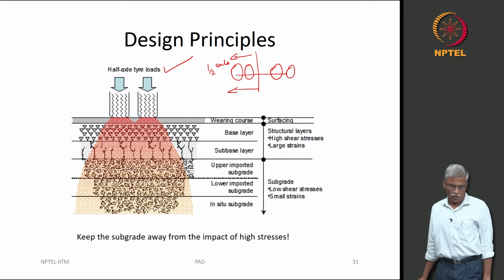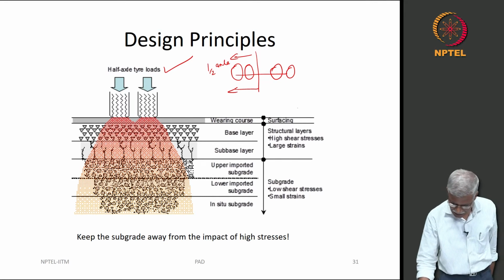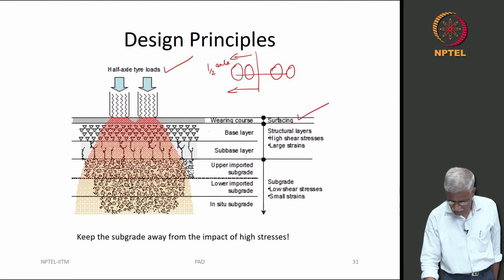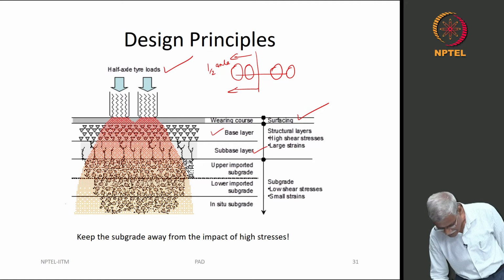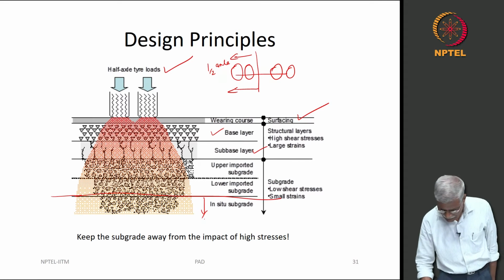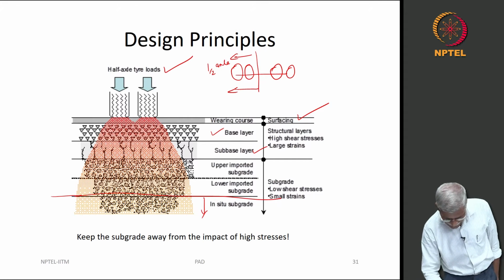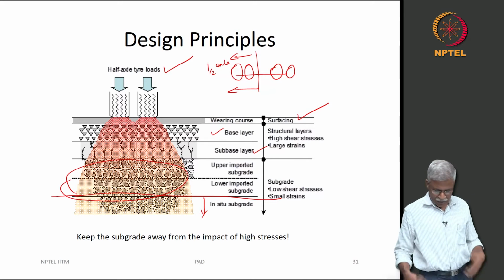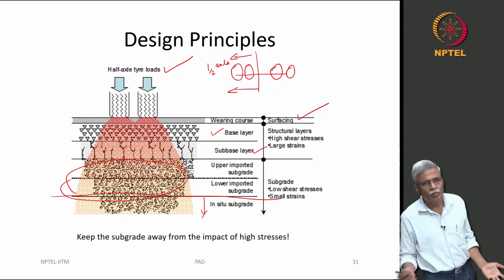So, you see that this is the wearing course, there is a base layer, there is a sub base layer, and then this is your existing subgrade, in situ subgrade, and you can actually have two layers on top of the subgrade, what is really called an improved or imported subgrade.